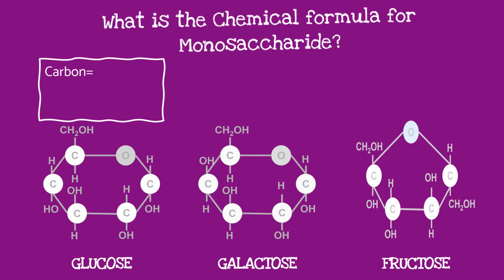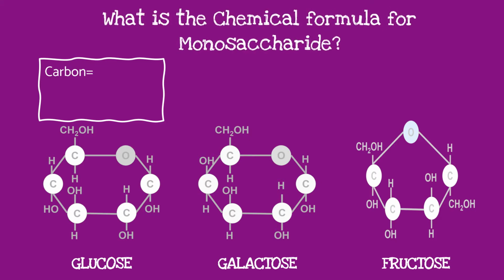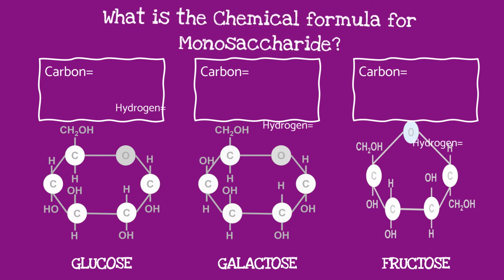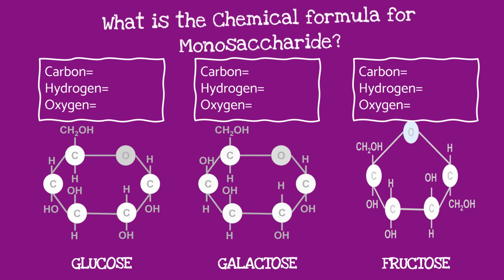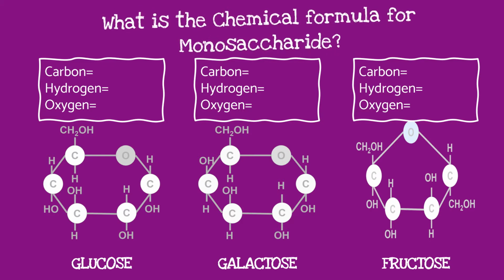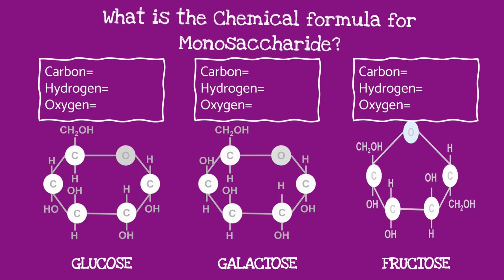In our previous discussion, we said that all carbohydrates have the elements carbon, hydrogen, and oxygen. So let's count the number of atoms for carbon, hydrogen, and oxygen.